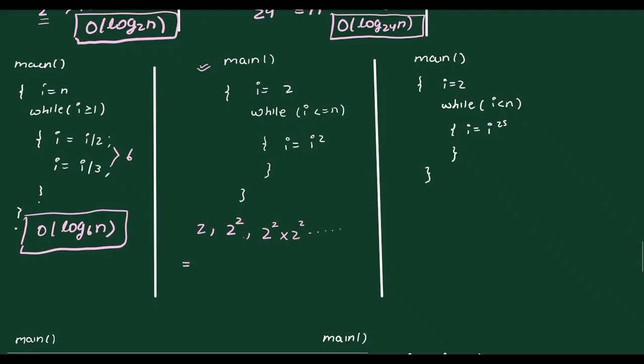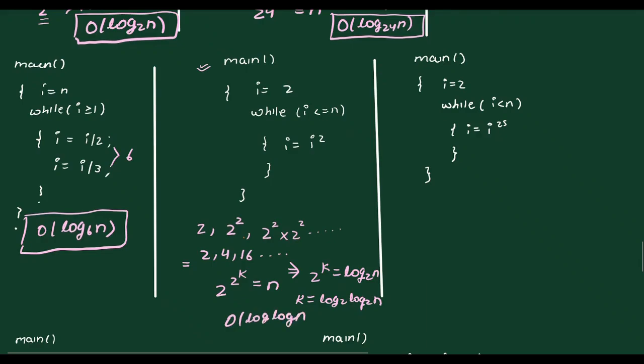So if you analyze it, this is 2, this is 4, this is 16, and so on. If you see the pattern, it is 2 power k, which is equal to n. Taking log, k equals log base 2 of n. Again take log, so you will get log base 2 of n, or big O of log log n, both base 2, right? Now let us analyze the second problem.